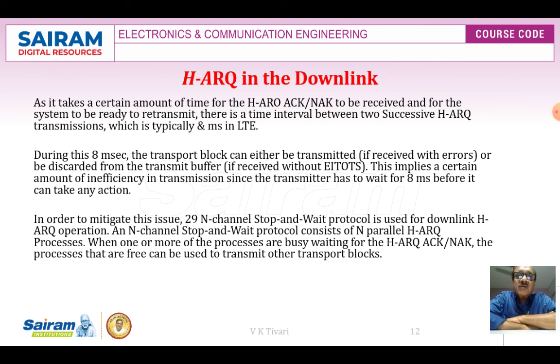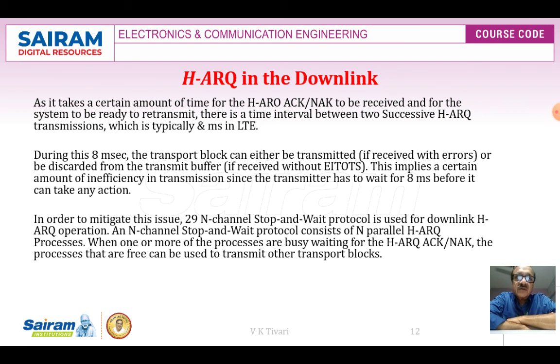This is the time interval between two successive HARQ transmissions, which is typically 8 milliseconds in LTE. During 8 milliseconds, the transport block can either be retransmitted if received with error or be discarded from the transmit buffer. This implies a certain amount of inefficient transmission, since the transmitter has to wait for 8 milliseconds before it takes any action.